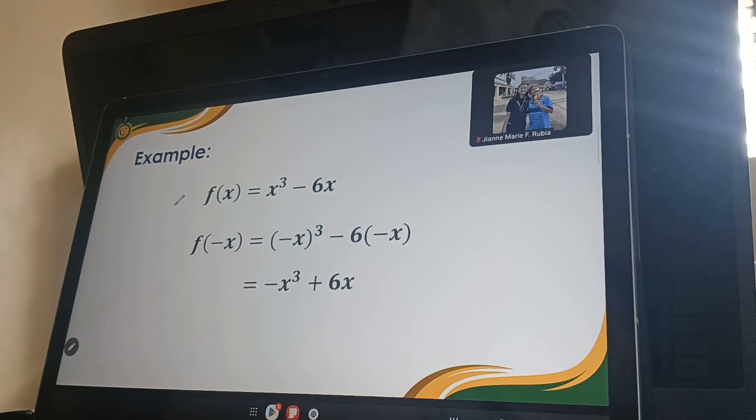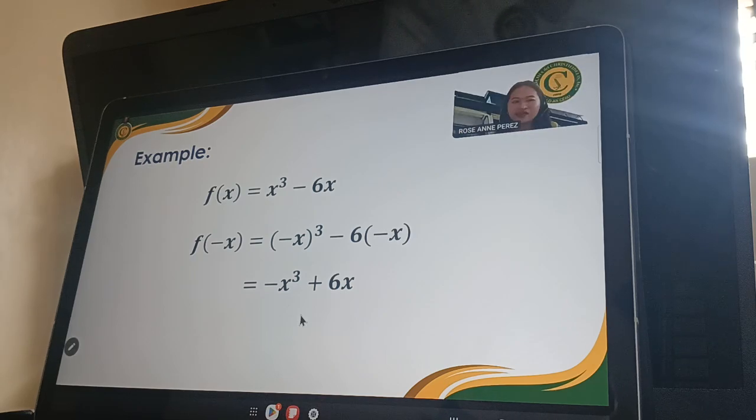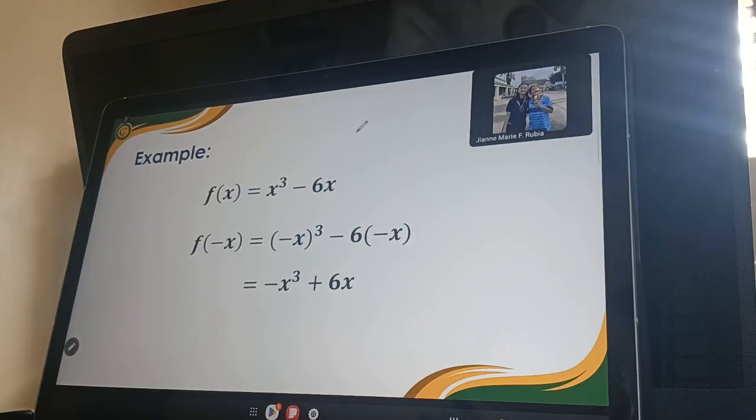Why do you think it's odd? They are not the same as the given equation. Okay, they are not the same as the original equation.